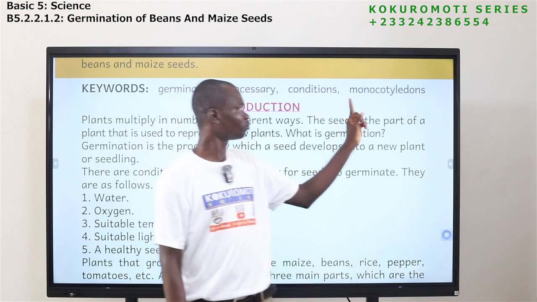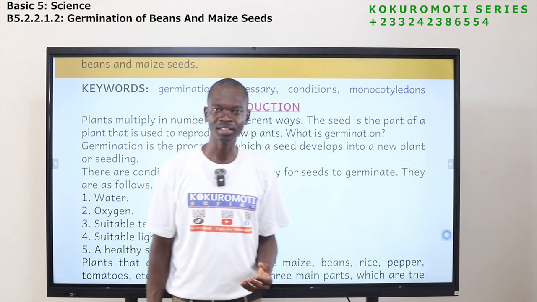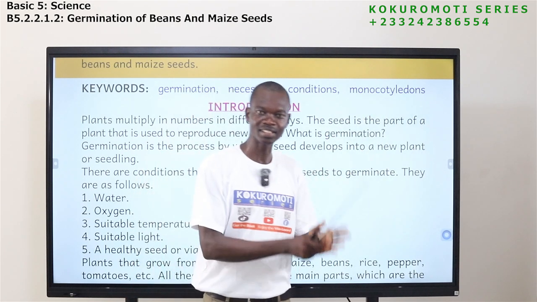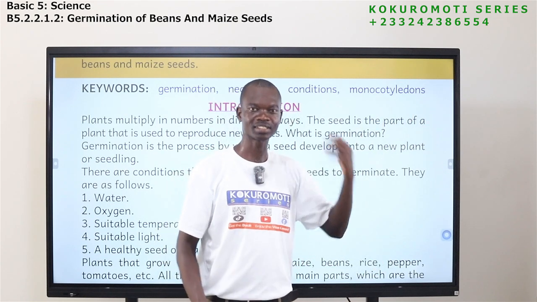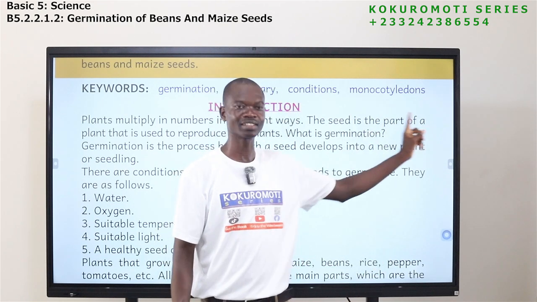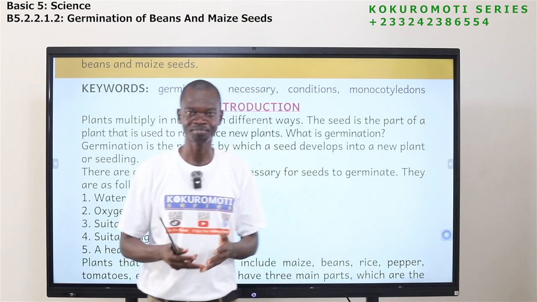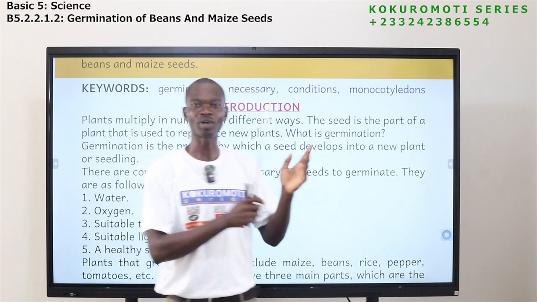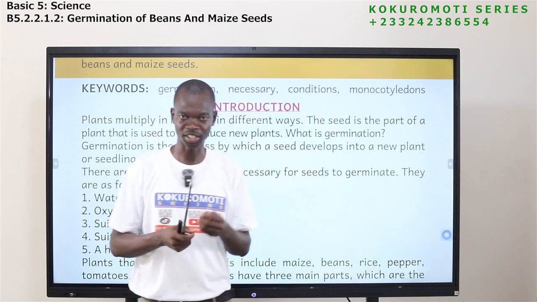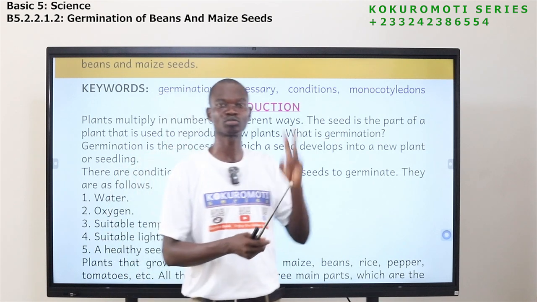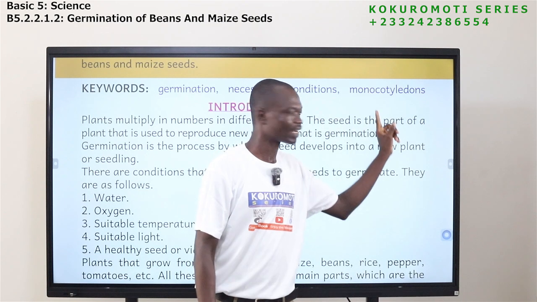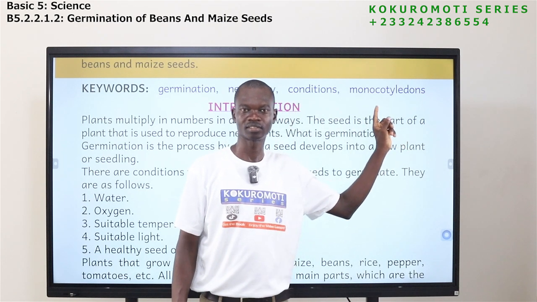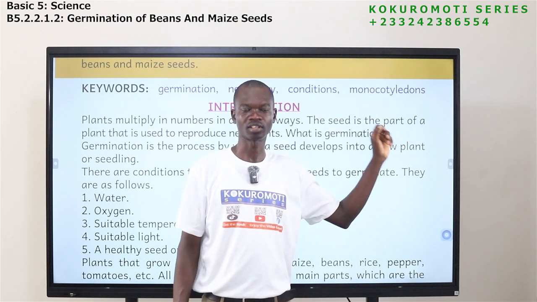So if you say monocotyledon, it means one seed leaf. Mono means one, cotyledon is seed leaf. So one seed leaf. Some seeds have only one leaf during germination. Some have two. Those that have two, we call dicotyledon.